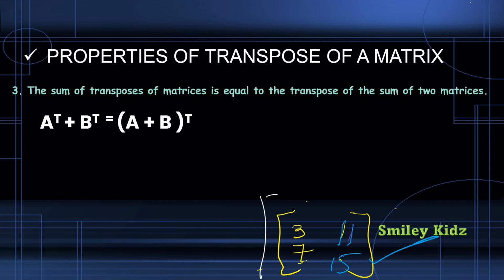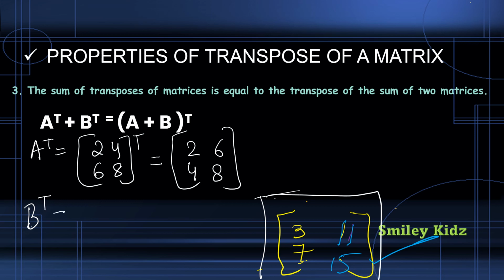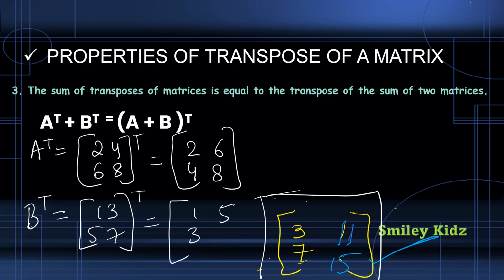We'll see if this matches. So A transpose will be [2, 4, 6, 8] transposed. What is this? 2, 4, 6, 8. Then I have B transpose, that will be [1, 3, 5, 7] transposed, which is equal to 1, 3, 5, 7.